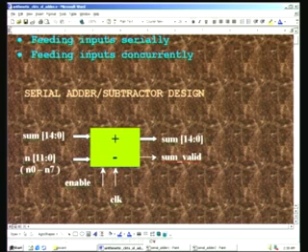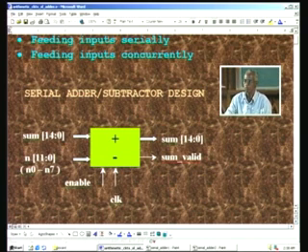In a serial adder we have only one set of inputs, and you will have to apply one after another here at every positive edge of the clock, synchronous to the clock, different numbers starting with n0. First we apply n0, then n1, n2 and so on right up to n7. So, 8 of them we apply one after another.